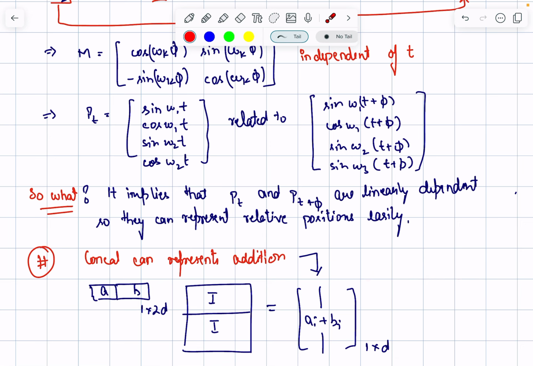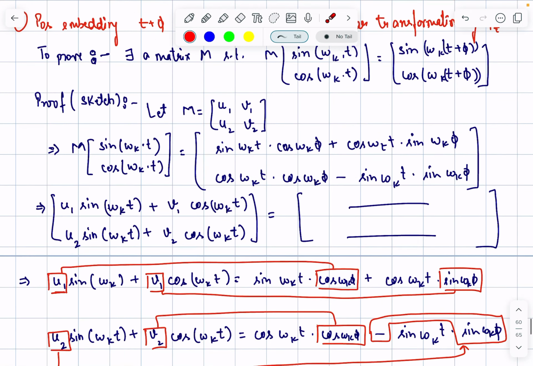So that implies that pt plus phi can be easily represented from pt. Intuitively that would mean that if you have a longer sequence at test time, the length of which was never seen during training, then it should help, at least on the positional embedding side, right? So let's first see how the derivation works here.